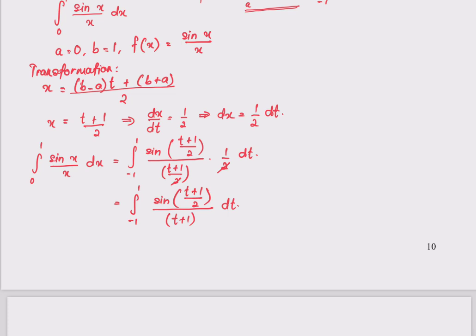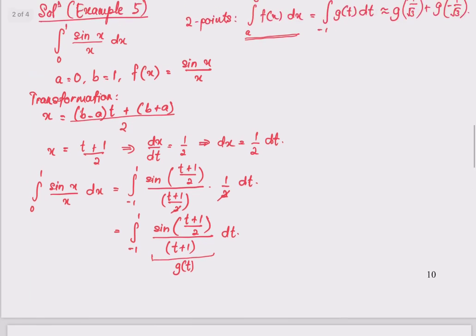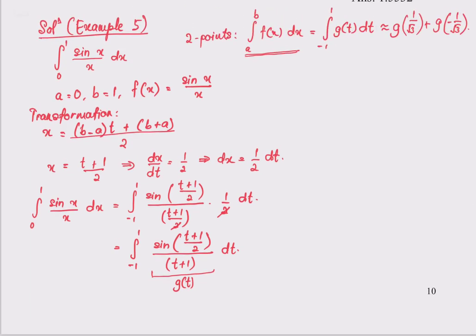Now, from this transformation, we know that here is our g(t), or our function of t. So again, going back to our 2-point Gauss quadrature formula, we can write g(t) is equal to sine of (t plus 1) divided by 2, divided by (t plus 1).